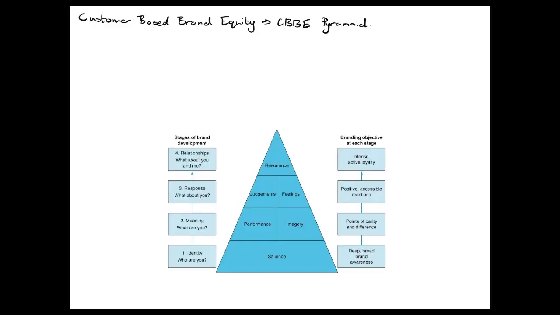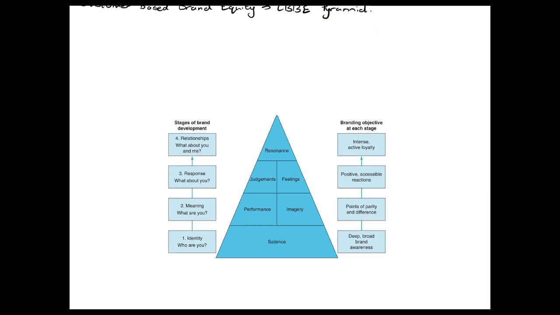Today we will be talking about the customer-based brand equity, otherwise known as the CBBE pyramid. So we are thinking to ourselves, why is this so important and what does this pyramid have to do with anything in marketing? So firstly, as always, we start on the bottom. On the bottom of our pyramid, we have brand salience.